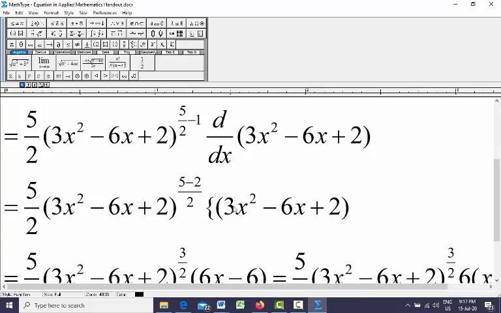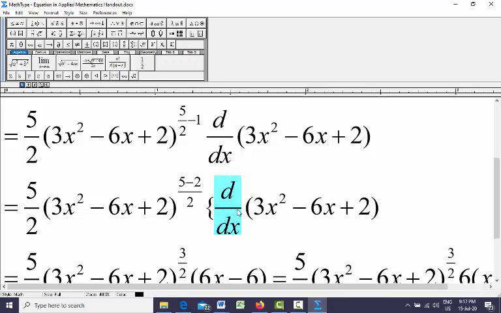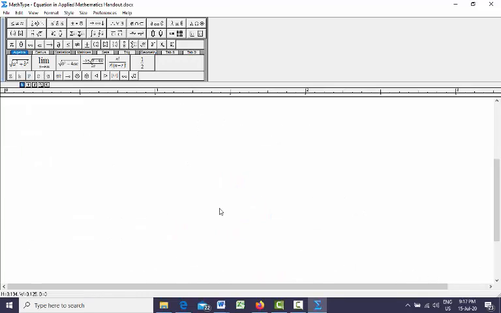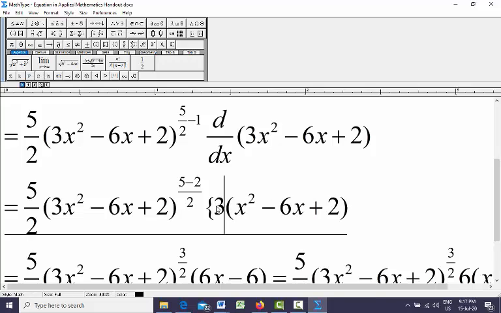We will move 3 out because this 3 is the coefficient of x square. So now we will do differentiation of x square.